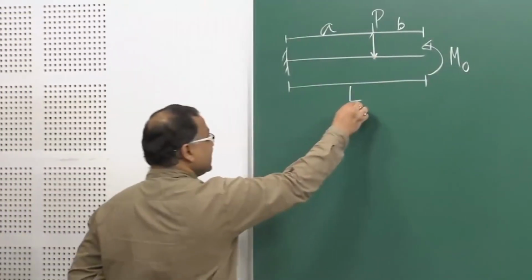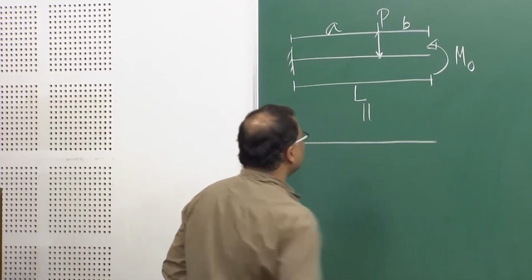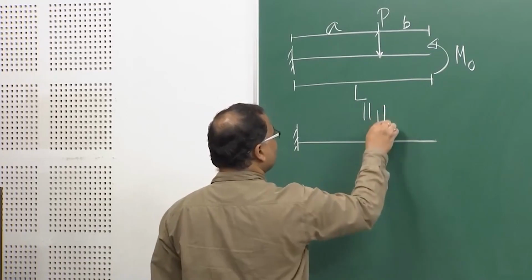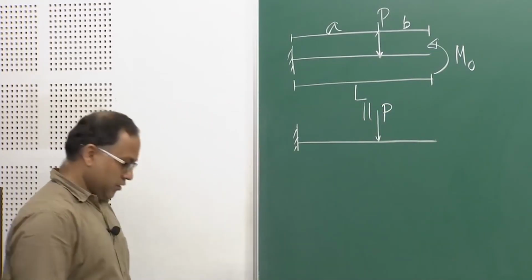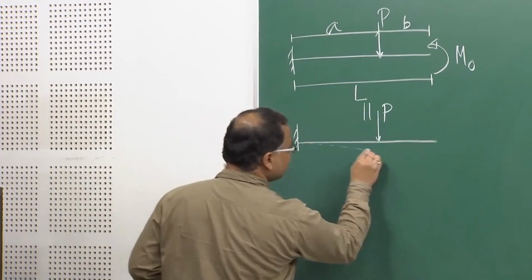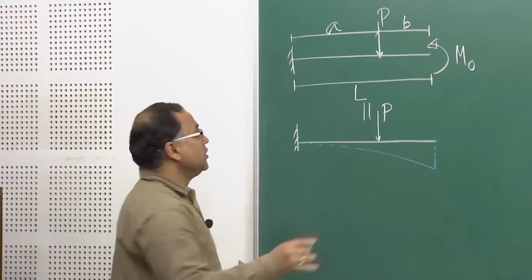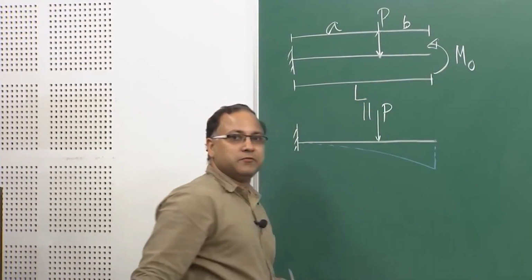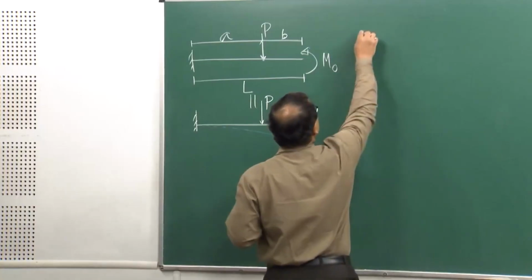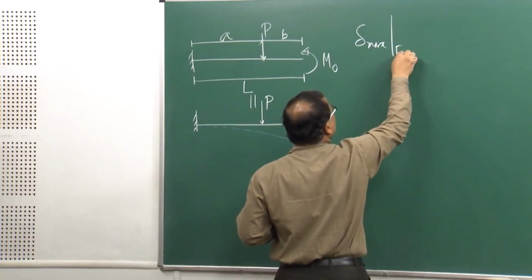So, this is equivalent to a cantilever beam with only the concentrated force P, which is deflecting like that. Our objective is to find the maximum deflection, delta max, at the free end.